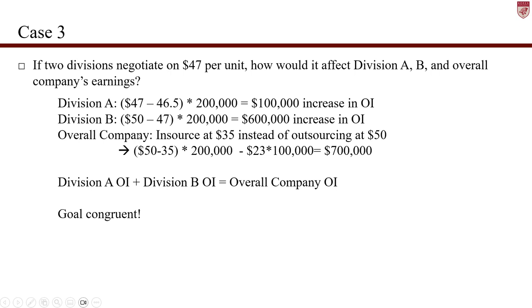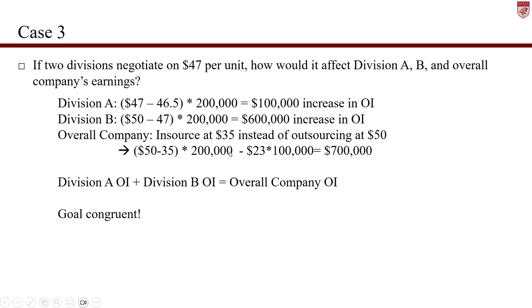So overall, the company's earning will also be the following. Insource at $35 instead of outsourcing at $50. So you may think it's only going to be based on 50 minus 35 times 200,000.